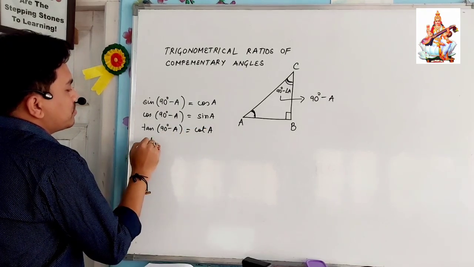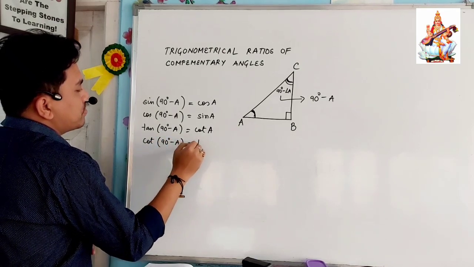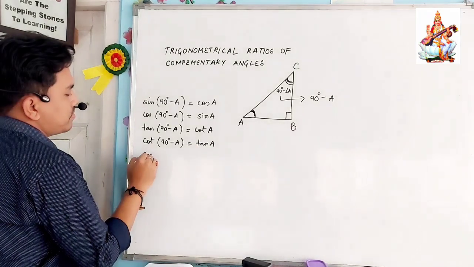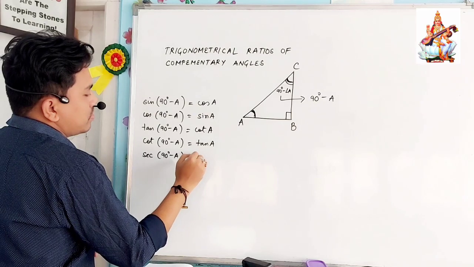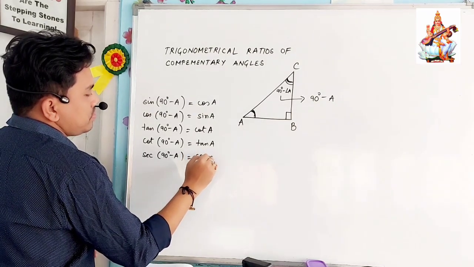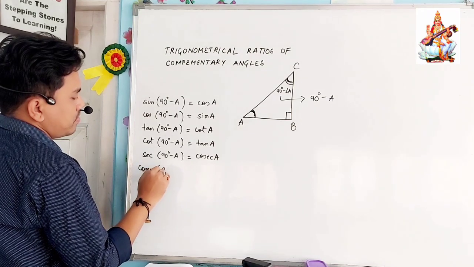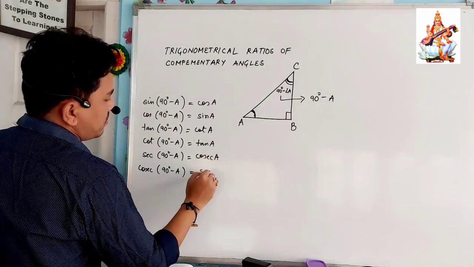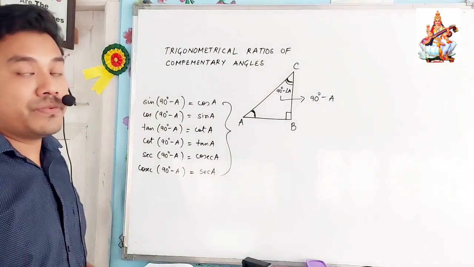Complementary of cot is tan. Complementary of sec is cosec. And complementary of cosec is sec. Okay, you just have to memorize this formula. It is very easy.